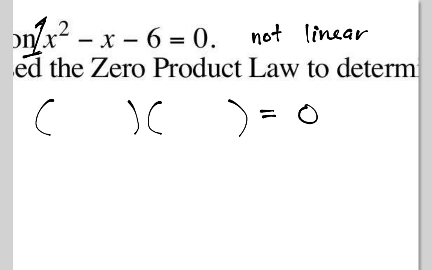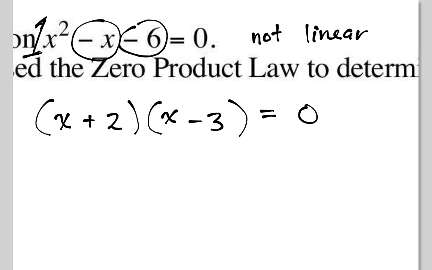inspection. So which two numbers are going to multiply to -6, and which one's going to be negative so that you come up with a sum of -1? +2 and a -3, so that when you add them together, you get -1. Now solving these, though, you have to do the opposite. Recall that from yesterday.